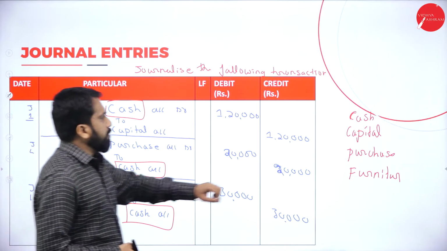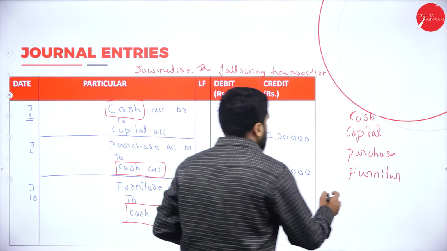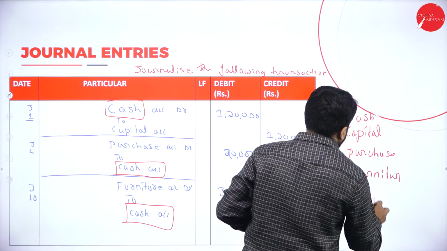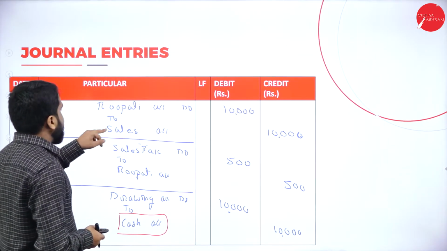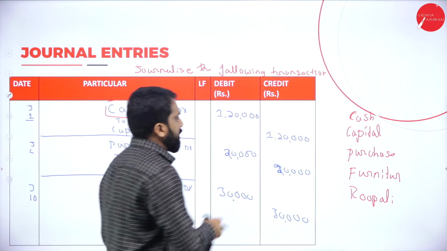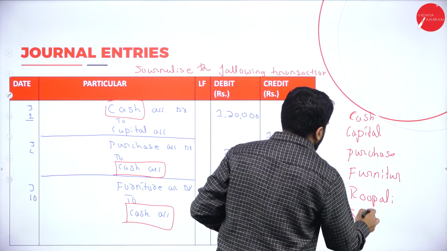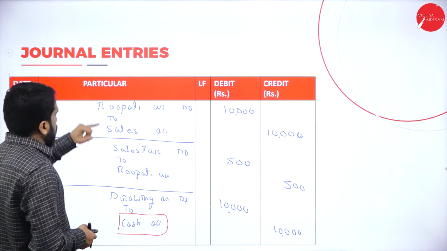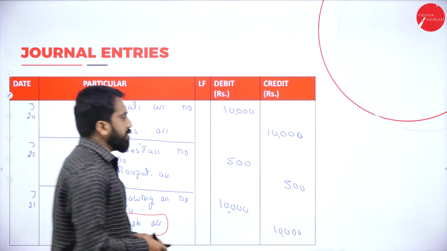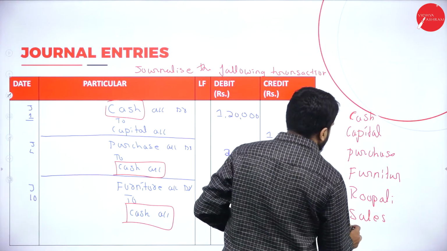Now, Rupali, yes, we have to prepare Rupali account also. Then, sales we have, so we have to prepare sales account also. Then, sales return also we need to prepare.